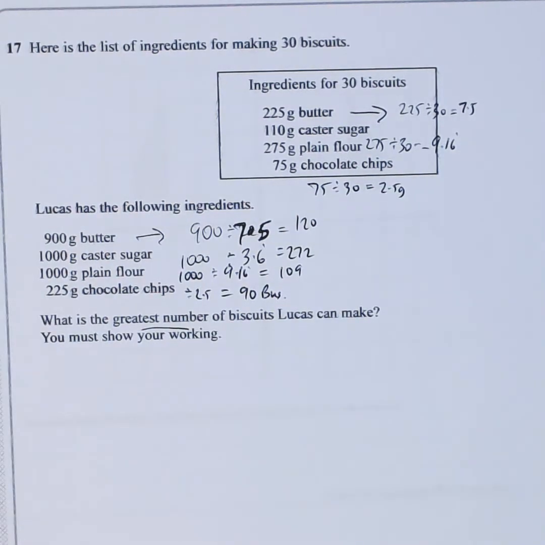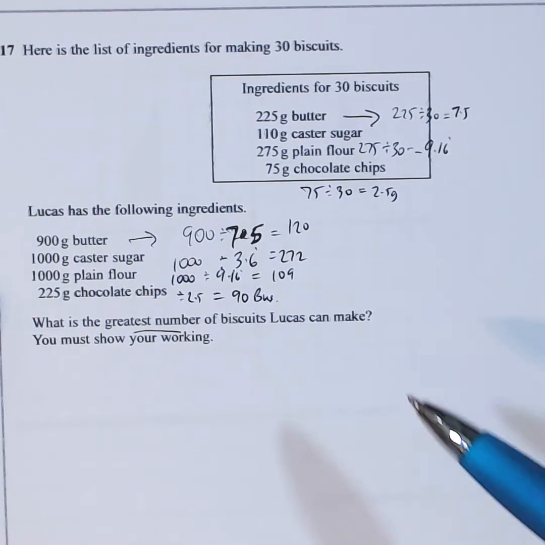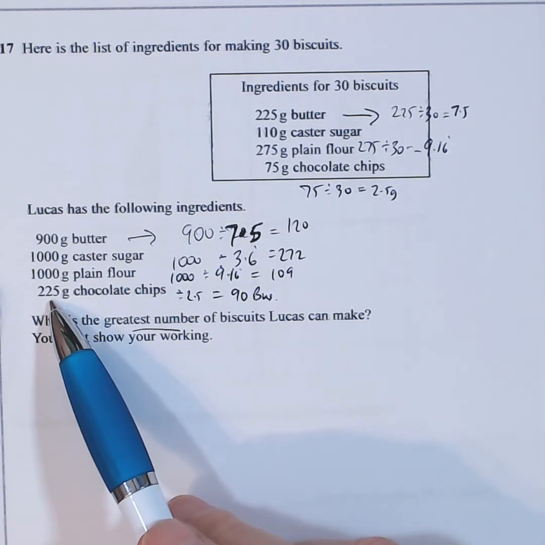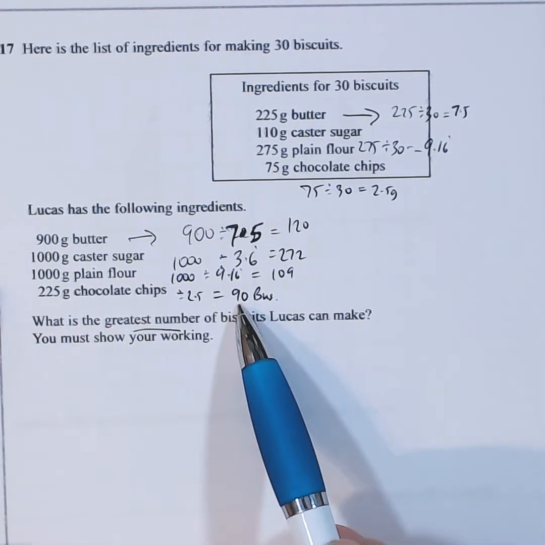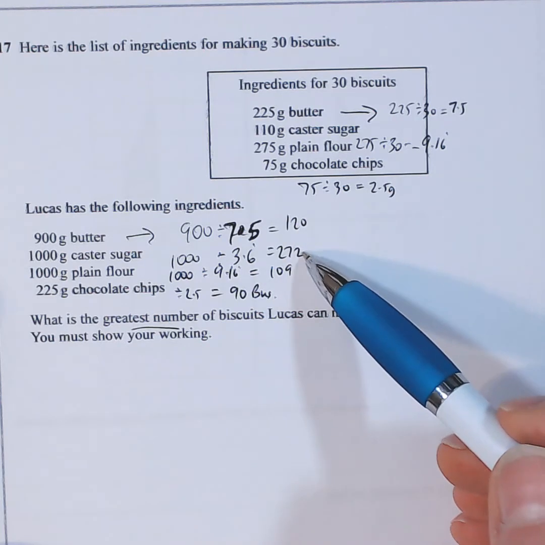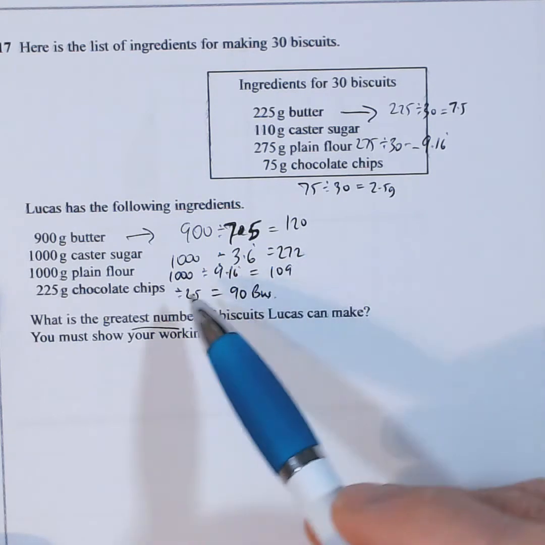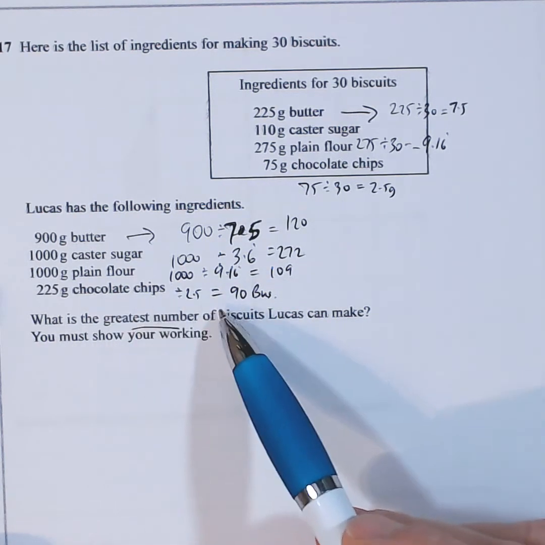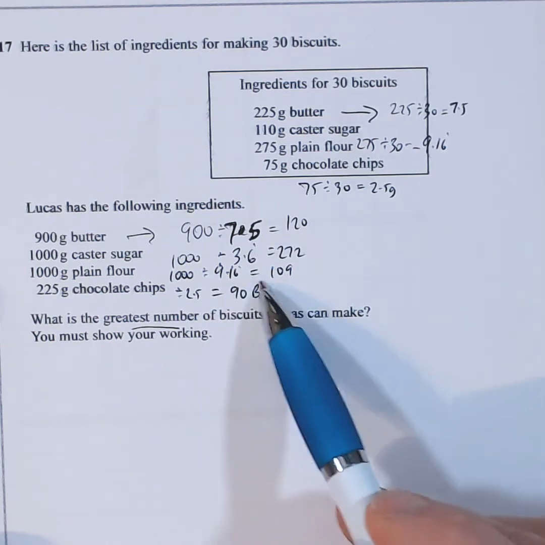Okay, so what we've found is that 225 grams of chocolate chips will make 90 biscuits. And when we look through this, yes, it says here we could make 272 biscuits, but we have a limiting factor. For chocolate chips, we can only get enough to make 90 biscuits.